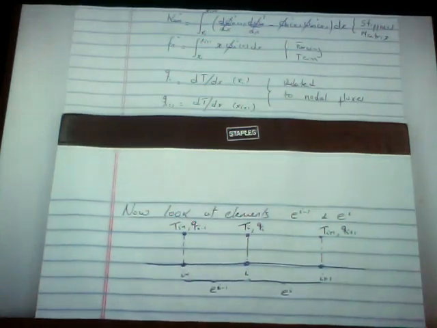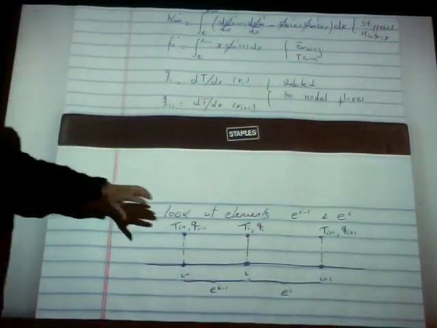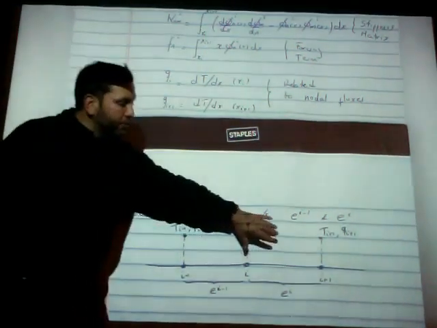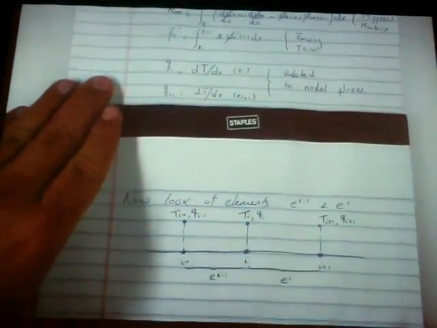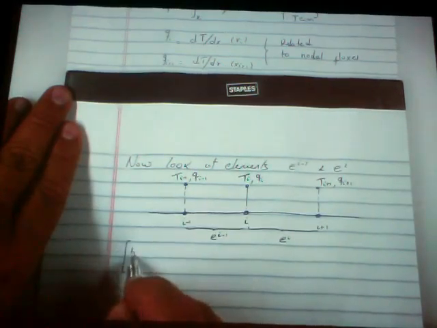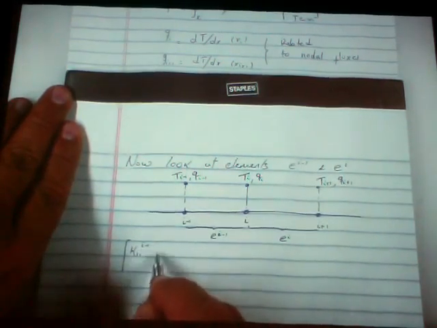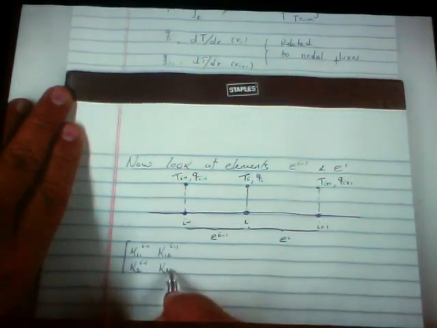So if we write the FEM equations, these equations that we wrote up there, for this element, next to the equations for this element, it would look like this. So we have K11, K12, K21, K22.